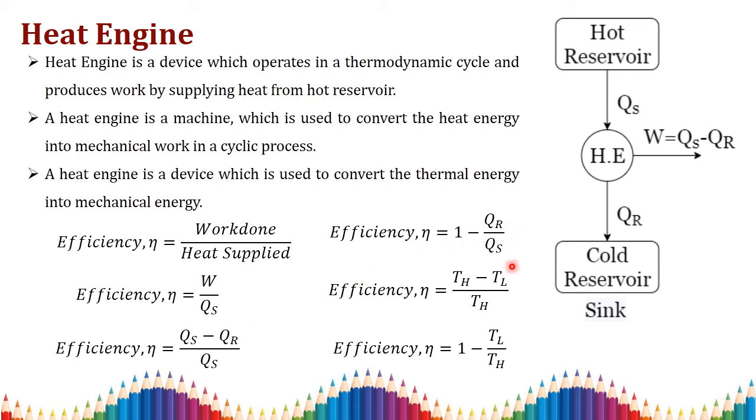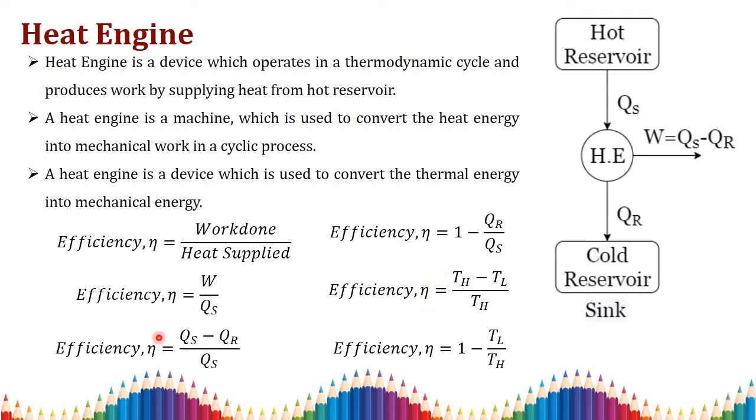Then we can write this formula in terms of temperature, since heat is a function of temperature, as we know Q is equal to m Cp into T. So I can take efficiency as some constant into temperature.